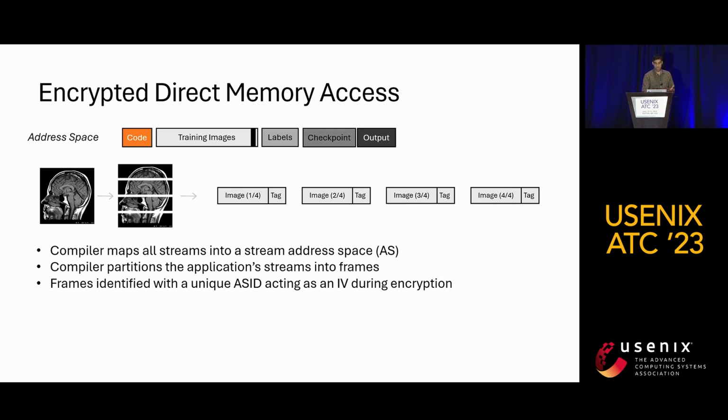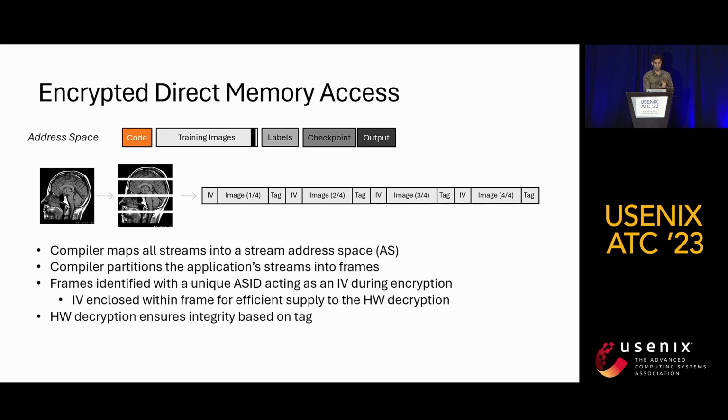And given that we're talking about an explicit IV encryption protocol here, where the encryption engines don't have access to that IV, we need an efficient way to supply it. So we added it as part of the header of the frame. Then we can rely on the decryption engine to ensure integrity based on the tag.